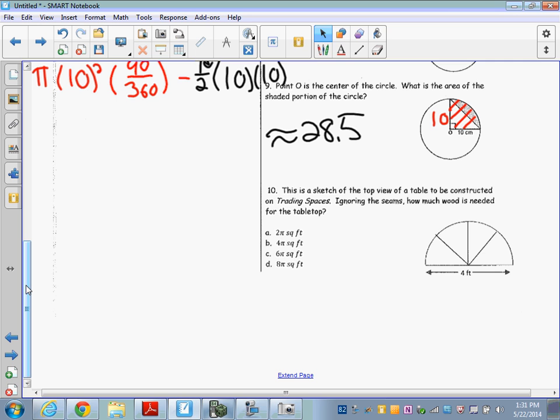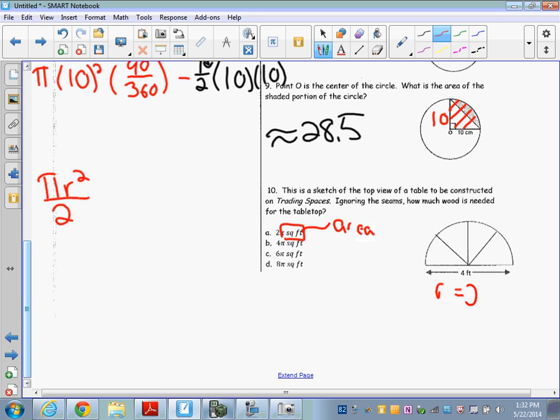This one here asks us how much wood is needed for the tabletop. You might be a little confused on what to do, but you see the answer here is in square feet. So that means it's going to be an area problem. Again, the area of a circle is pi r squared. This time it's half a circle, so I'm going to divide it by 2. I'm going to take 1/2 of the circle. The radius is going to be equal to 2. 4 is the diameter.